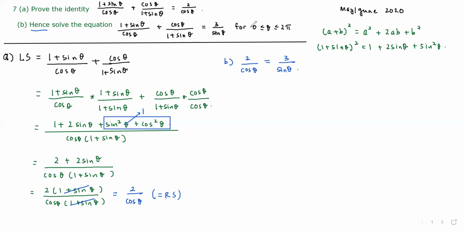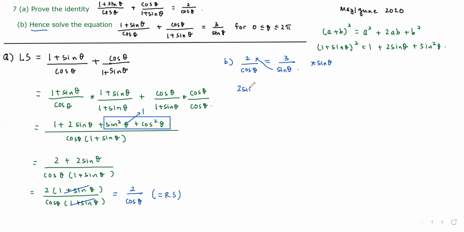Let's look at this. Your answer theta is in between 0 and 2 pi. So your answer must be in terms of radians. You have sine theta, you can multiply throughout by sine theta for the equation. You actually bring this up.